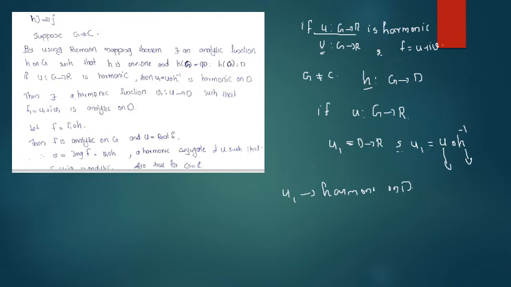Now we have another theorem, and the theorem statement is like this. Let G be either the whole plane C or not. Then there exists a harmonic function v1 from D to R such that f1 equals u1 plus i v1 is analytic in D. So this is the statement of the theorem.